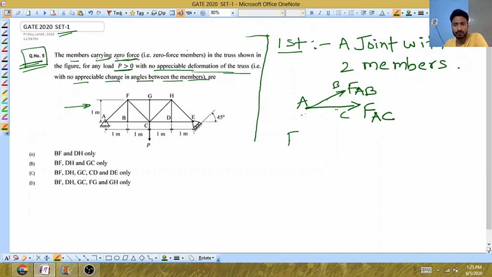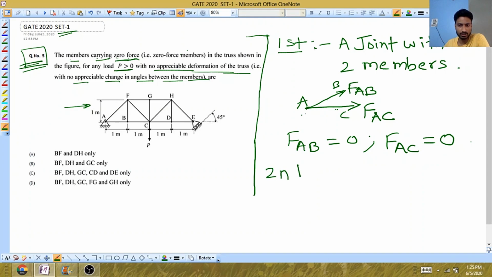Means FAB equals 0 and also FAC equals 0. So this is the first concept for a zero force member.